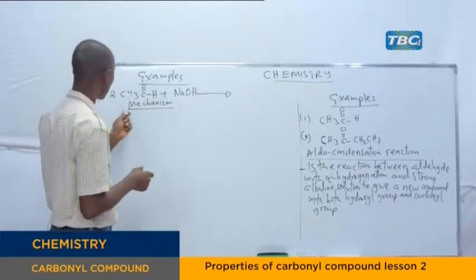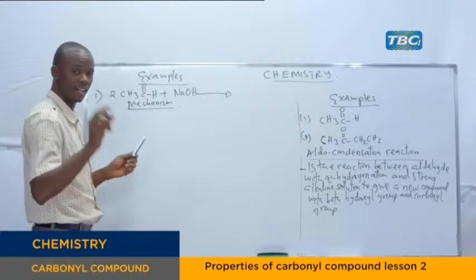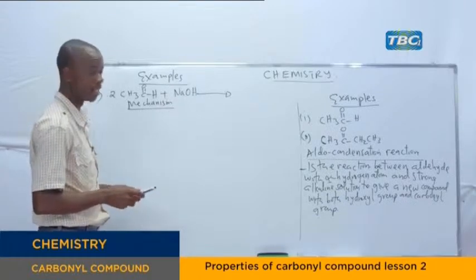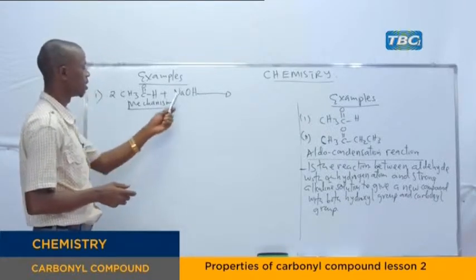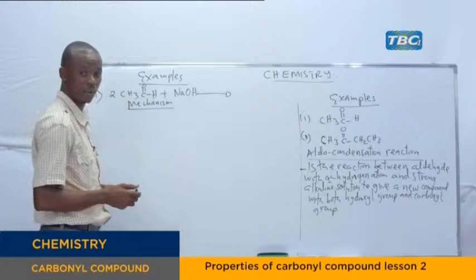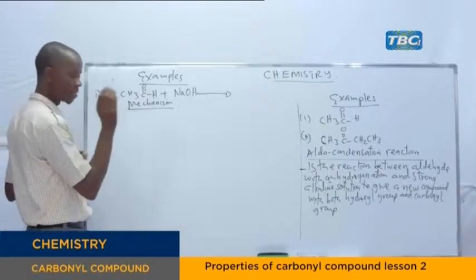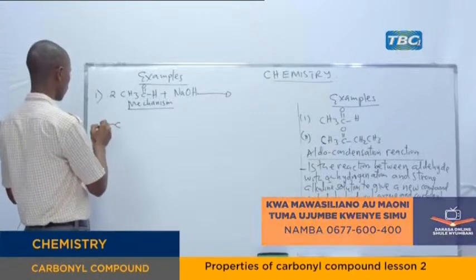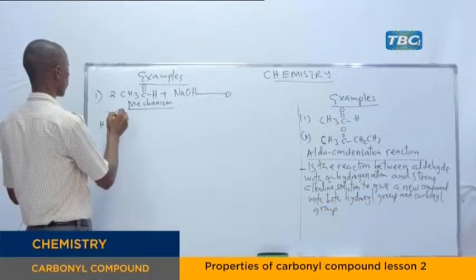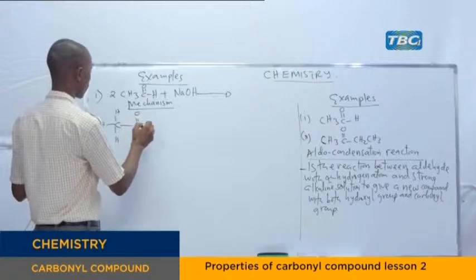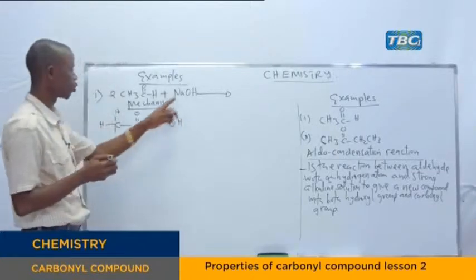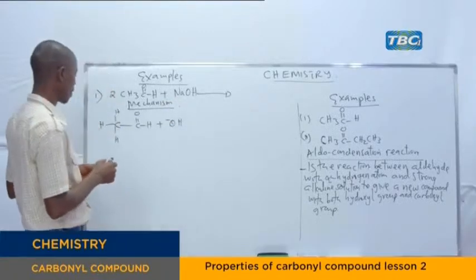Now, because there are two molecules of ethanal, let's take one molecule of ethanal starting to react with the sodium hydroxide. Now, sodium hydroxide will break to give hydroxide ion. Therefore, the first molecule reacts with hydroxide group from sodium hydroxide.